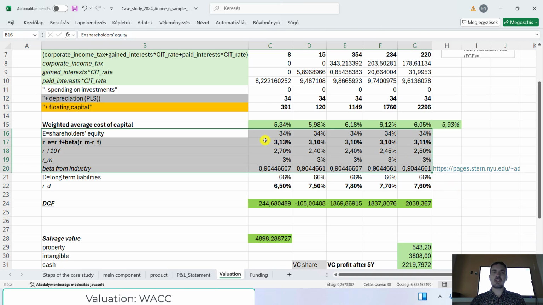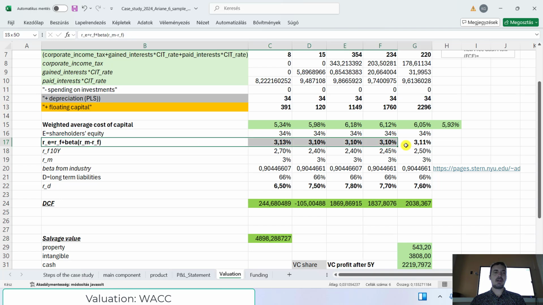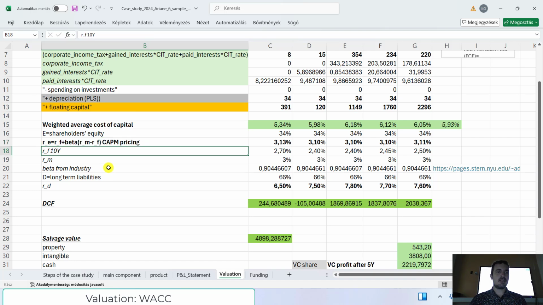So, first of all, we have to define the CAPM beta. This is the CAPM pricing.